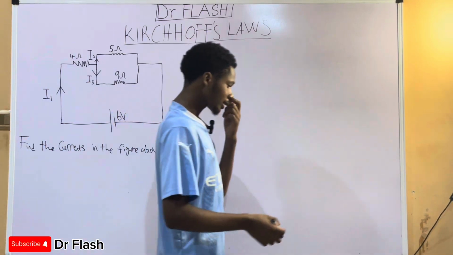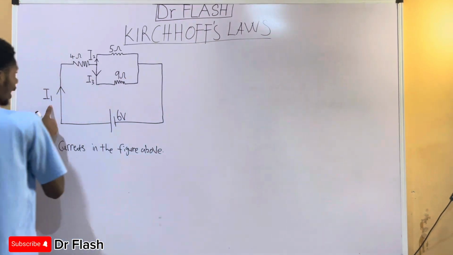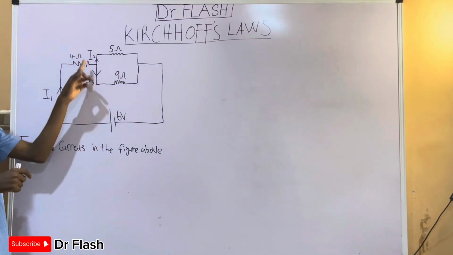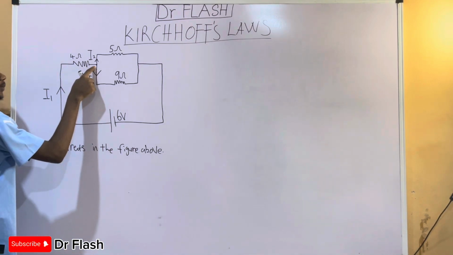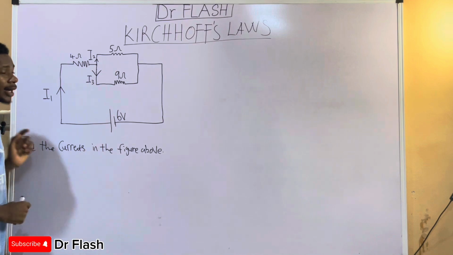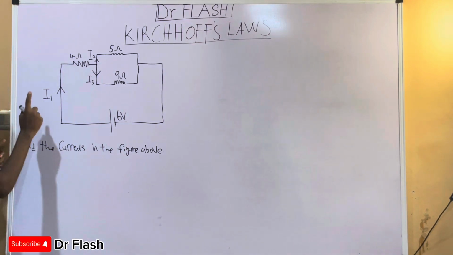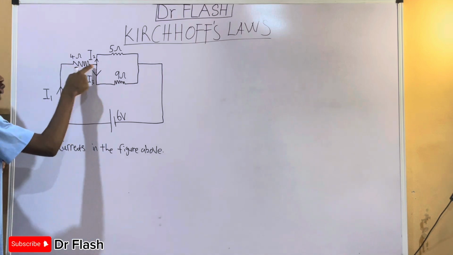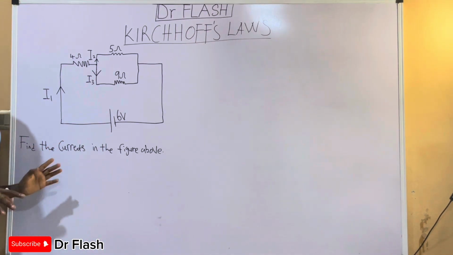And then most importantly, also the junctions, in which we have the currents. So having I1 here, for example, we have I2 and I3. You notice that I1 is going here. When it gets here, it splits into I2 and I3. And from our other video, where I explained the junction rule, I said that the total current going into a junction is equal to the sum of the currents leaving, okay? It is that easy.